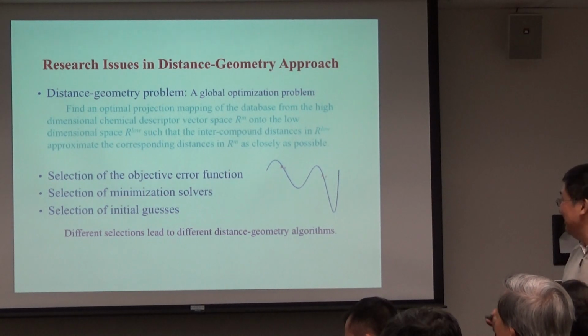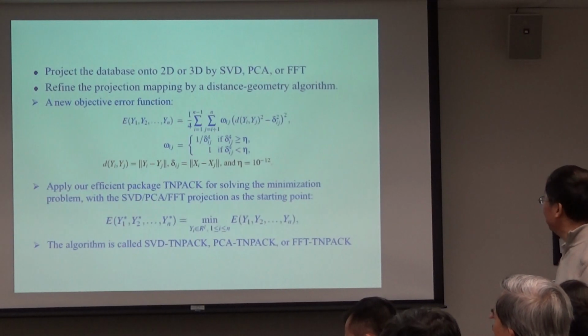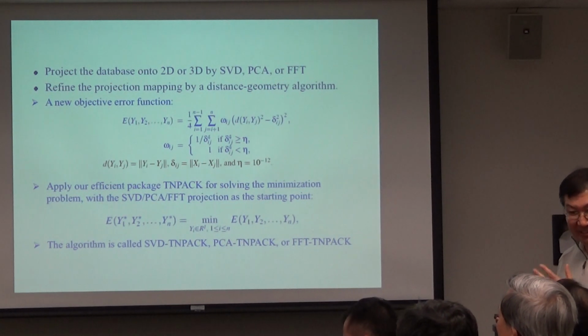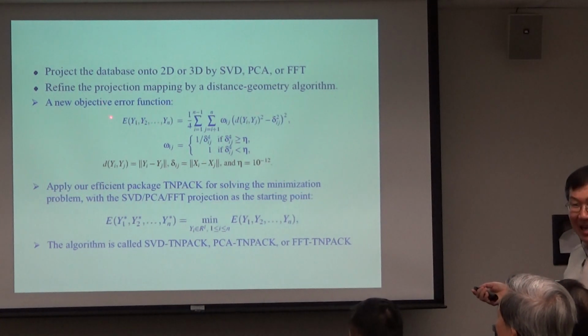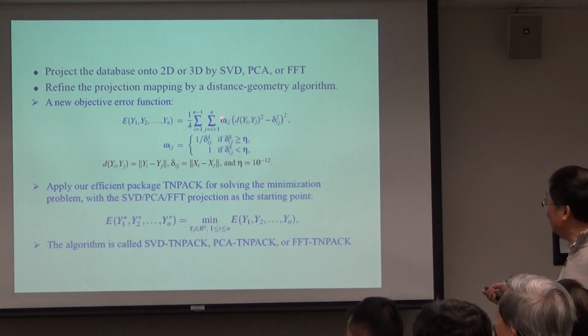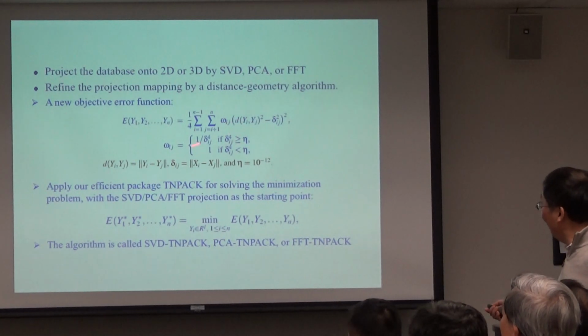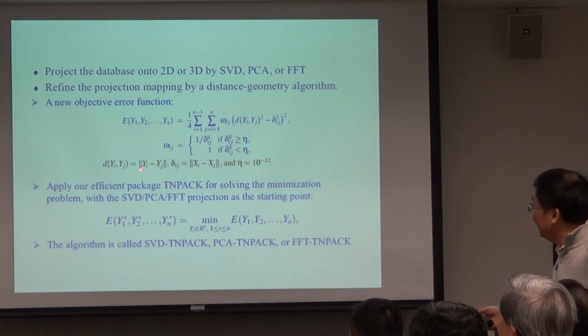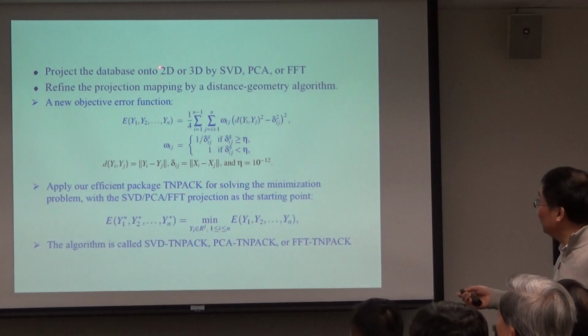Okay. So now this is what we do for this chemical database. That's the objective error function. For the objective error function, we just collect all the errors. So you see, this is a mapping in the low dimension, for example, 2D, 3D. This is the original one.